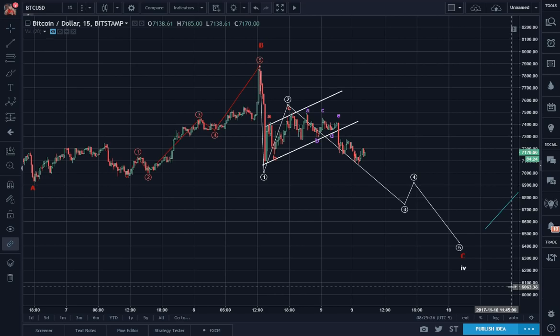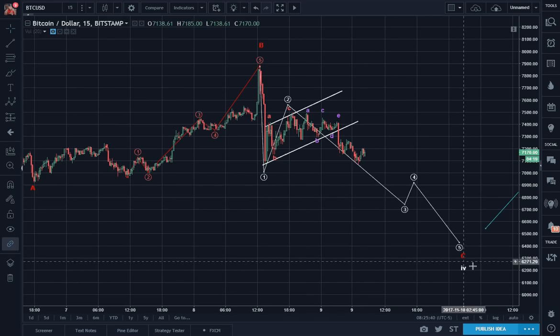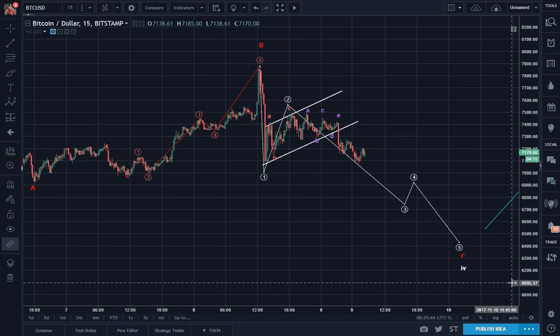So let's see how the daytime prices progress. But this action is not a crash. This action is not a collapse. It's very controlled, very healthy.